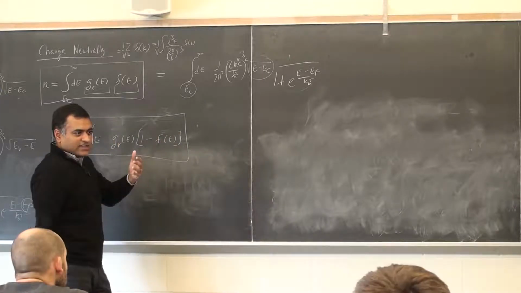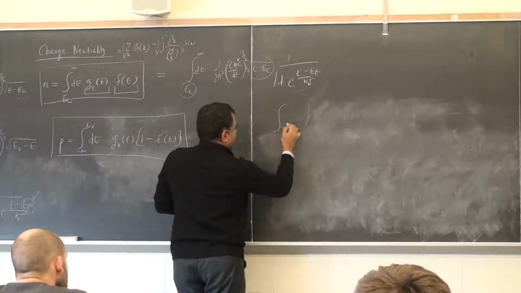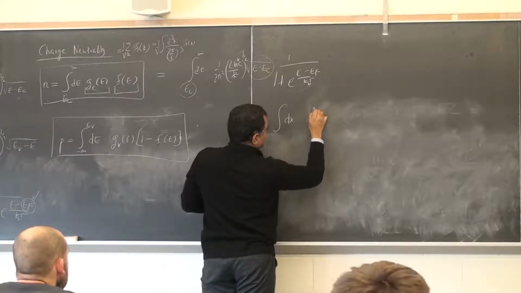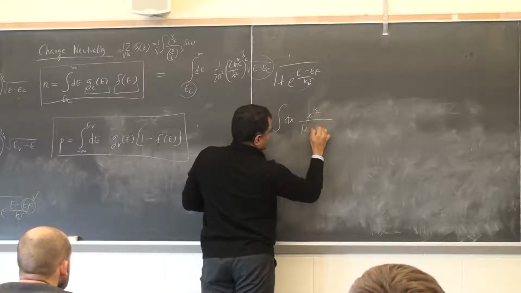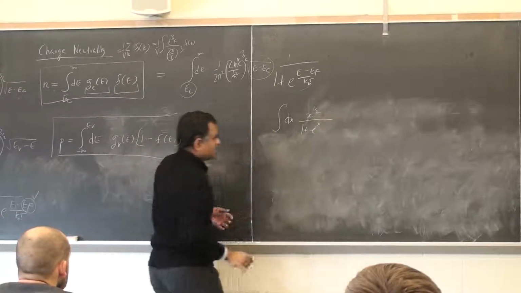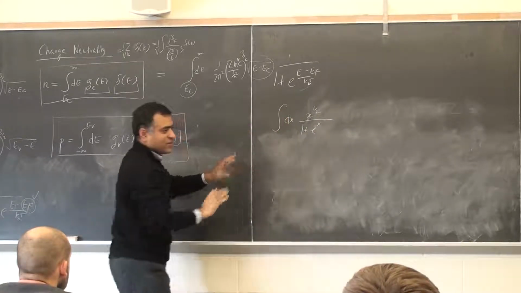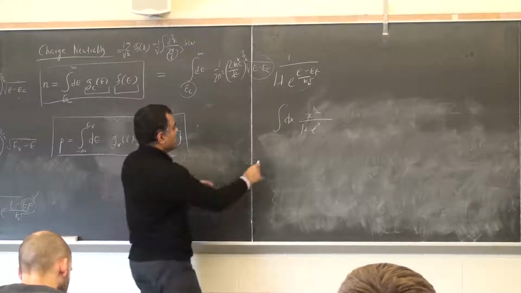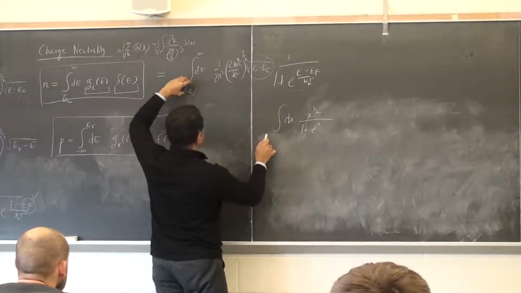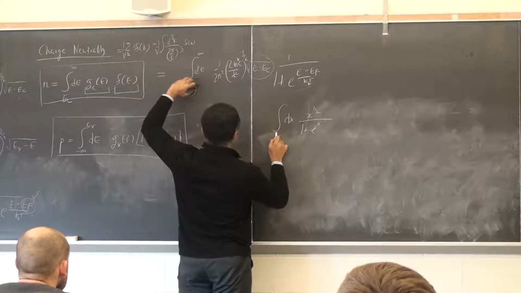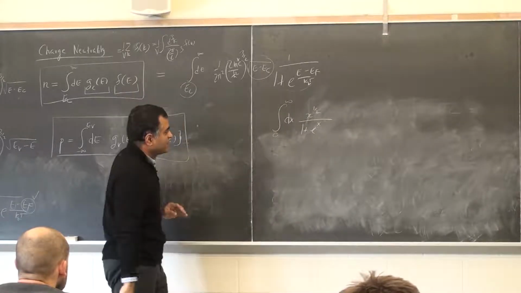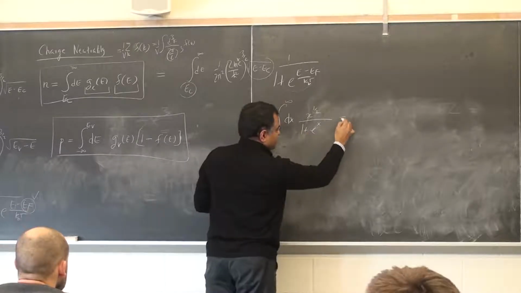So the integral looks like x to the power half over 1 plus e to the power x. I'm just going to write it like that for now. You can change the variable of integration so it runs from 0 to infinity by making a substitution like x minus EF. And this sort of integral is called the Fermi Dirac integral.